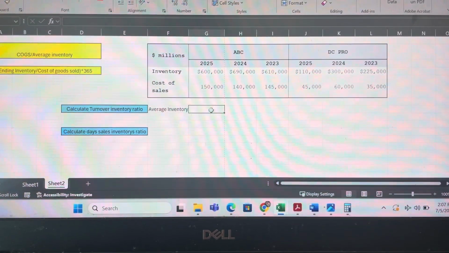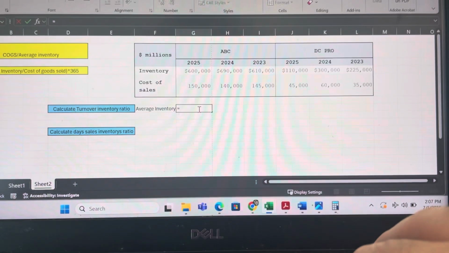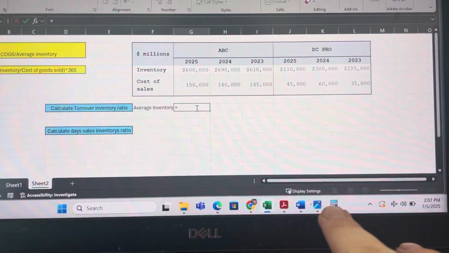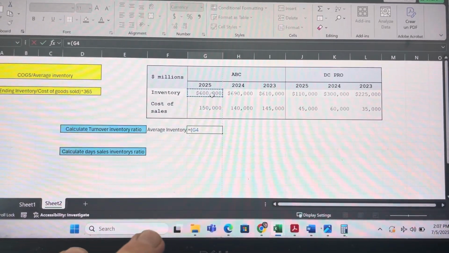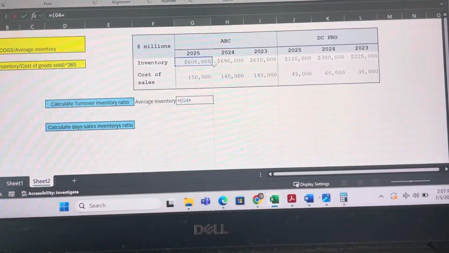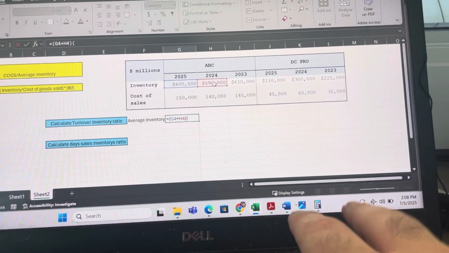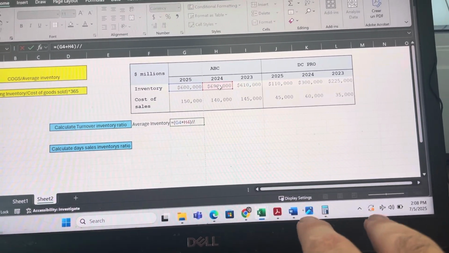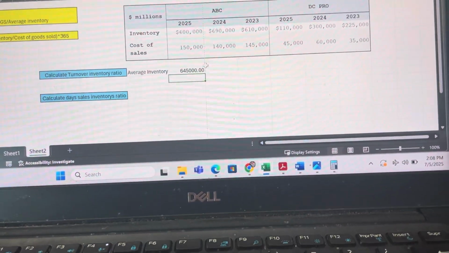So I need to find the average inventory between beginning and ending inventory, and you divide that by 2, obviously, because it's only two numbers. Okay, so I got it there.